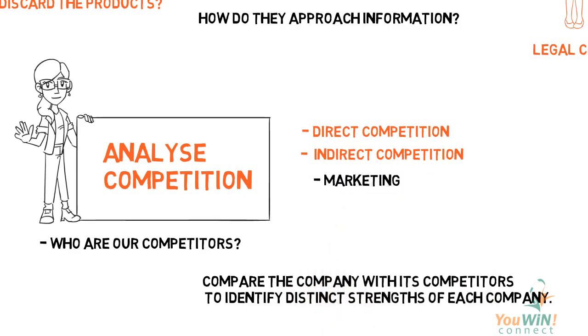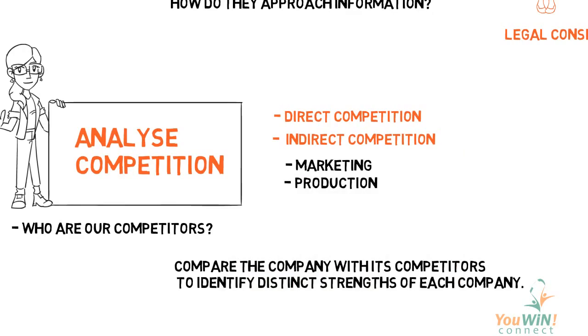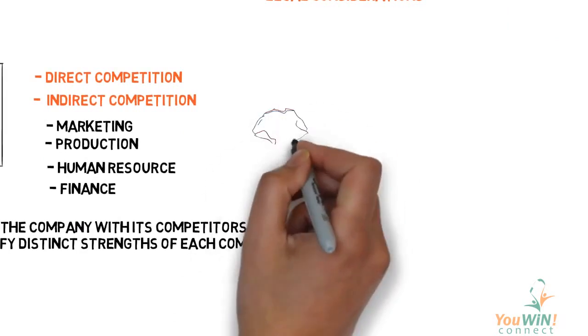One, in marketing. How do they distribute their products? What's the pricing? How do they communicate? In production, do they have better equipment than we have? In human resources, are their people better motivated than we are? In financing, do they have better access to finance or capital than we have?